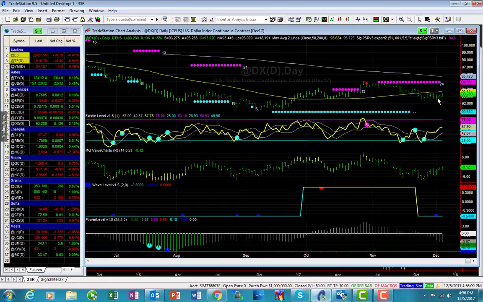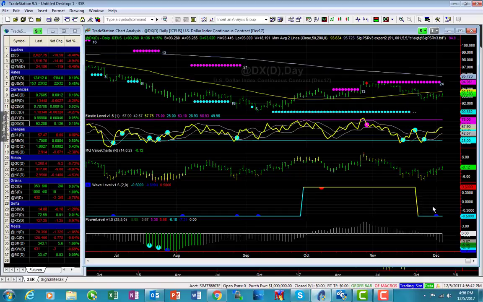Here's the low, here's a higher low, and the combination of the two overbought, oversold indicators we have on the screen: the elastic level being short term, the value chart being longer than short term, based on 14 days as opposed to 5 days, and then the wave level is more of a momentum-ish type indicator, kind of a quasi indicator between momentum and trend based. And it's now beginning to trigger to the upside.